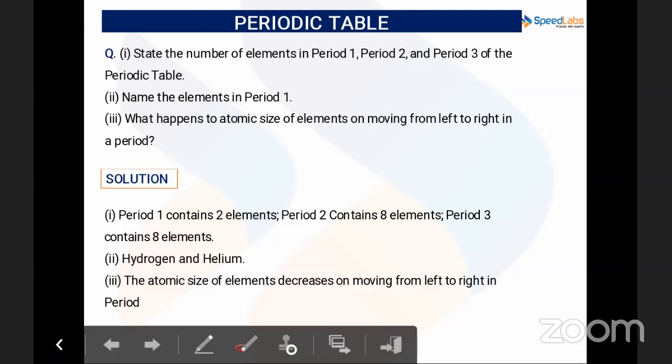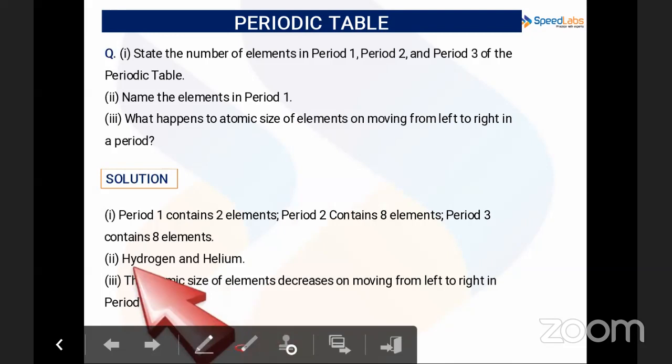Now, we are moving towards the next question. The second question is, name the elements in period 1. We have already discussed the answer: hydrogen and helium. These are the 2 elements present in period 1.